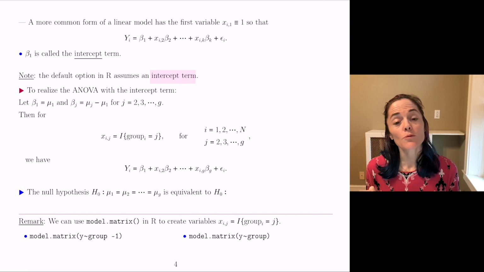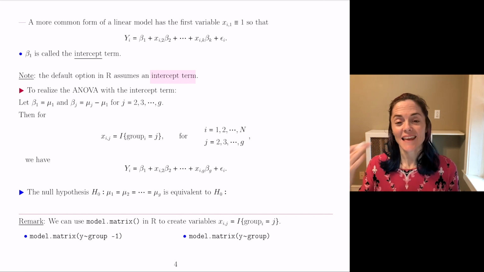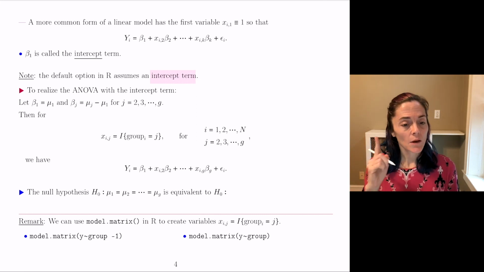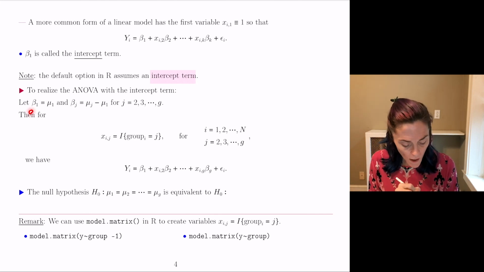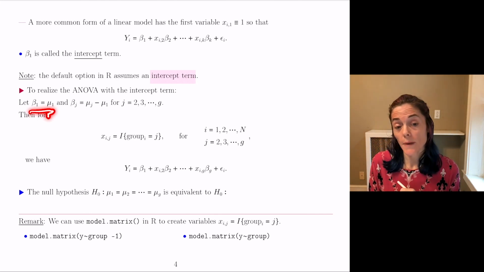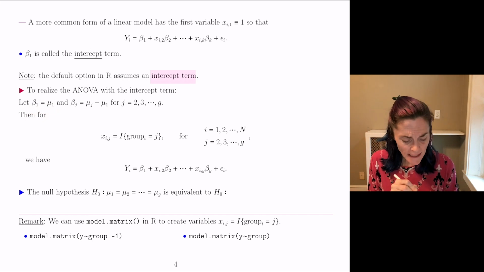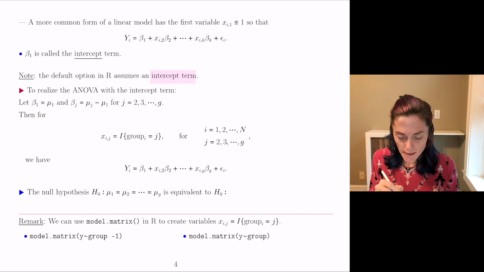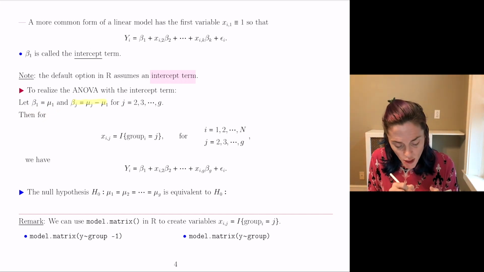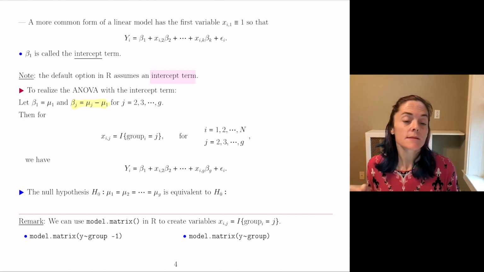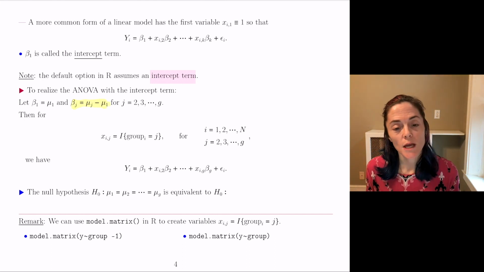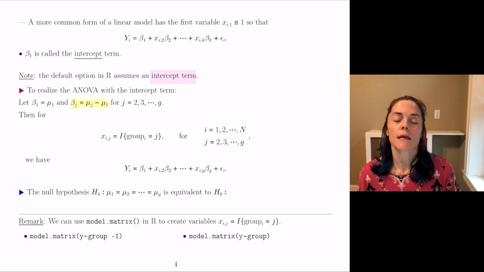So let's discuss how to realize the ANOVA in this form. We let beta 1 be the first group mean, but then beta j is the jth group mean minus the first group mean for j from 2 to g.